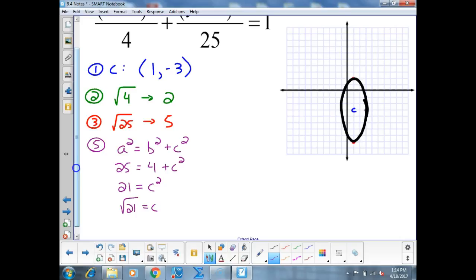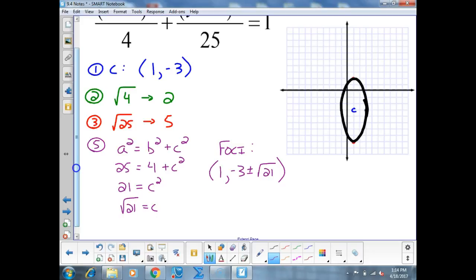Agree? Okay. Now, Anna, you said that it was on the major axes, right? So which one's the major axes? Up and down or left and right? Up down is the major axes. So my foci are at the point 1, comma, -3 plus or minus the square root of 21.